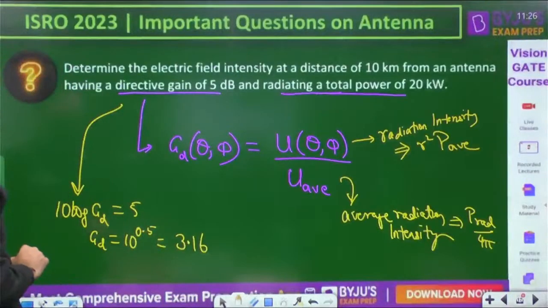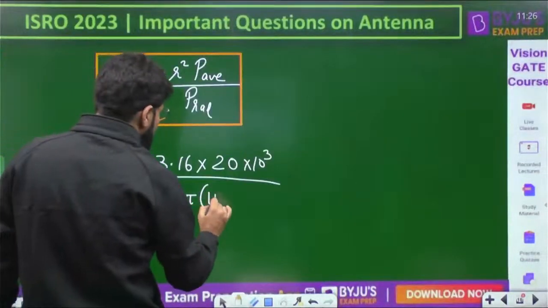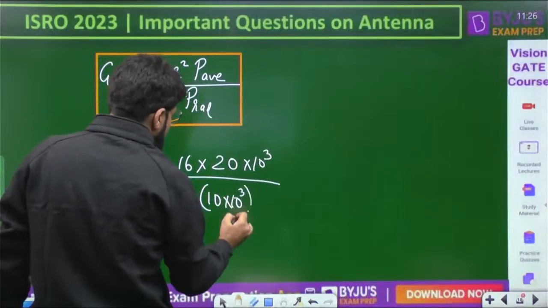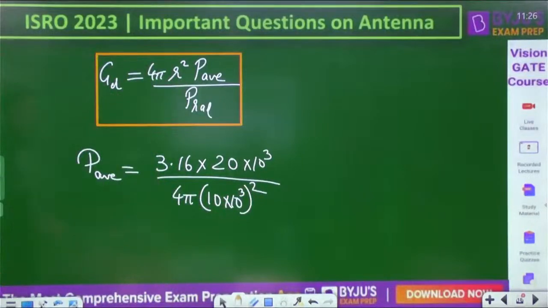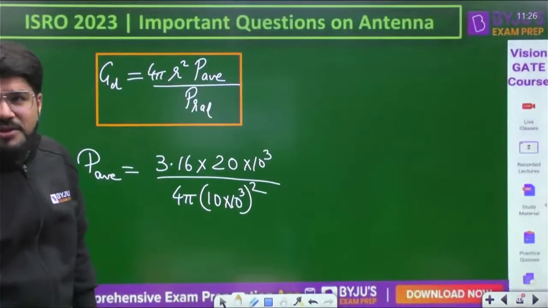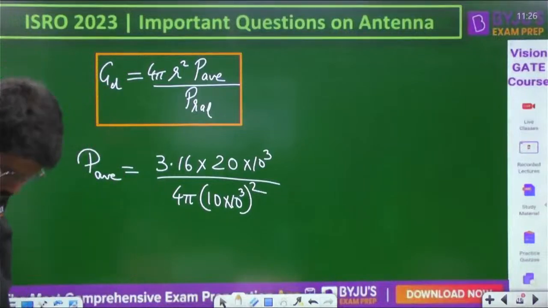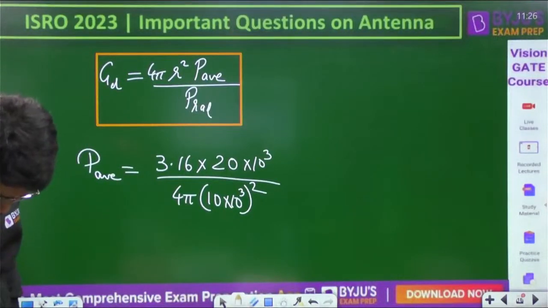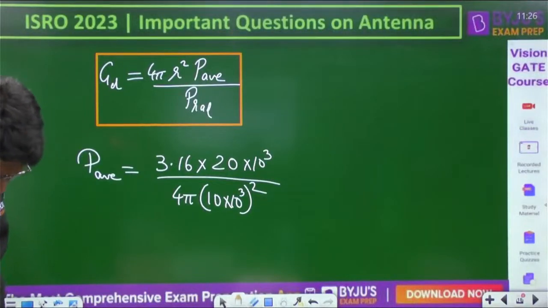What is the value of R? Distance is 10 kilometer, so 10 into 10 power 3, whole square. Okay guys, so let's calculate this number quickly. That is going to be 10 power 4, 10 power 8.